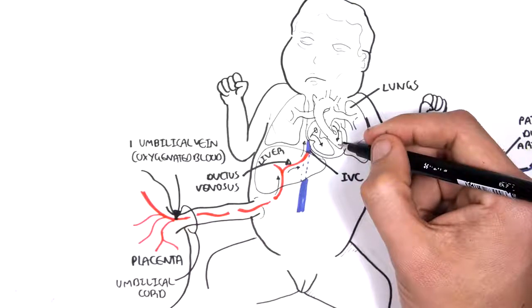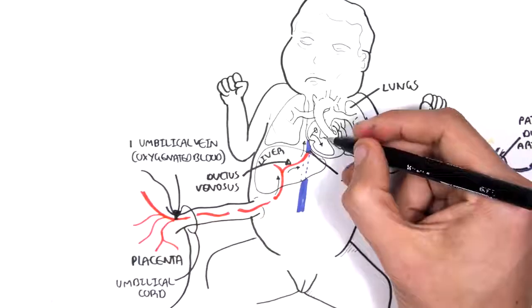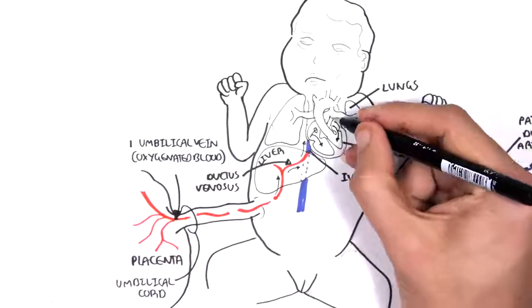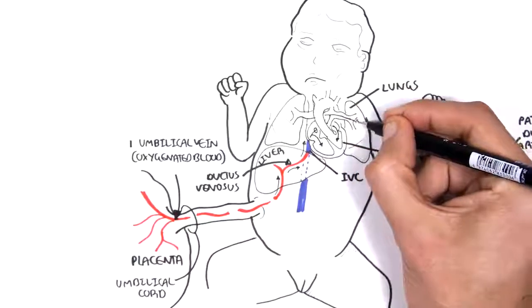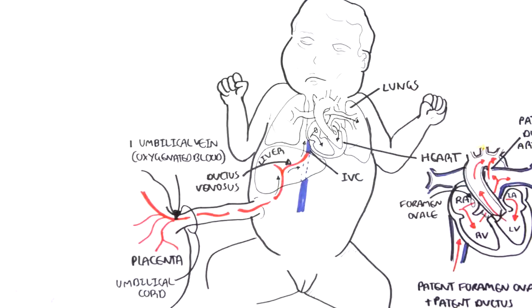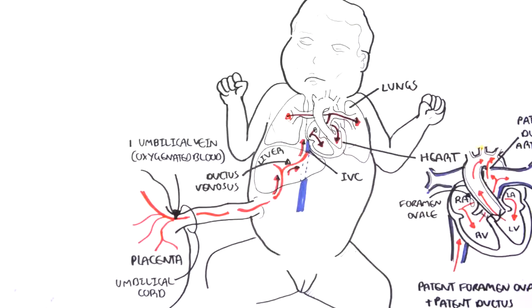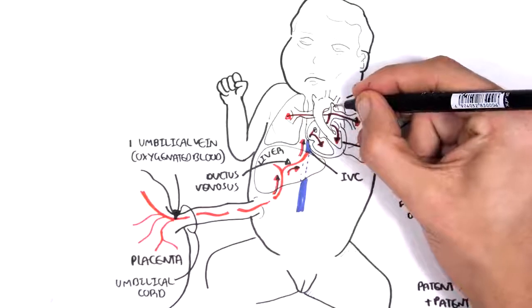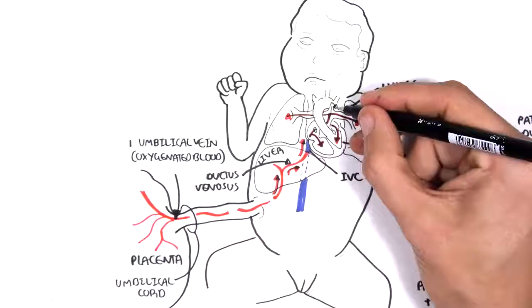And then it will enter the left ventricle, and the blood will be pumped into the aorta and into circulation. The blood that is pumped from the right ventricle can also go through the pulmonary artery and enter the lungs, or mainly it can bypass the lungs and just go straight into the aorta via the patent ductus arteriosus.